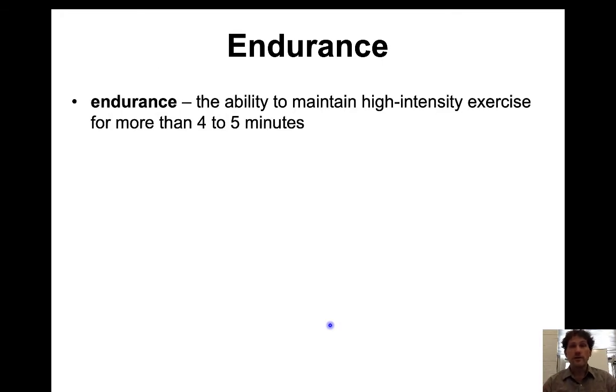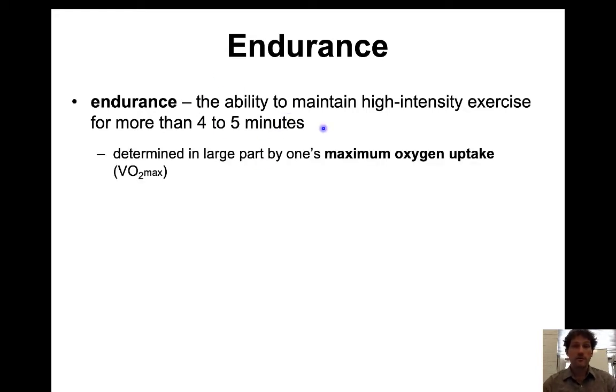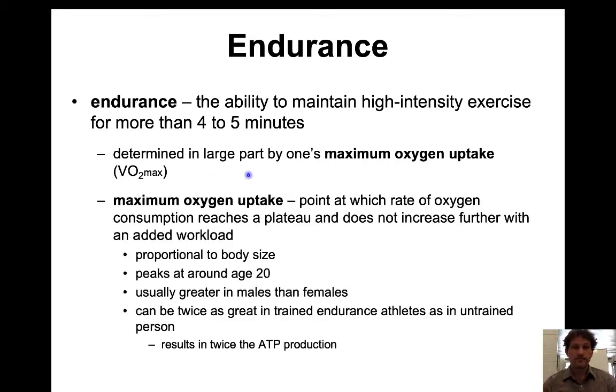So our endurance then is the ability for us to maintain these really high intensity exercises for a prolonged period of time, so at least 4 to 5 minutes. And for a lot of people that can be pretty challenging. This can be determined by your maximum oxygen uptake. So you'll hear it as VO2 max, your maximum volume of oxygen.